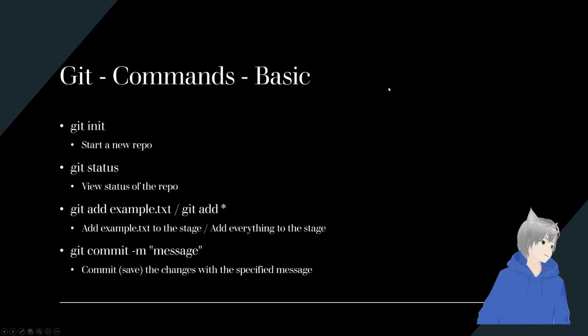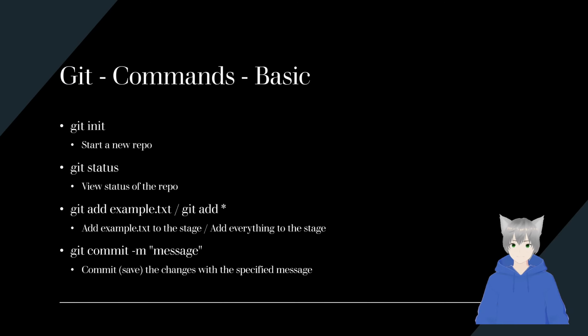So, basic commands. Git init is to initiate a new repository. Git status is to view the status of the files in that repository. Git add is to add a file to the stage.